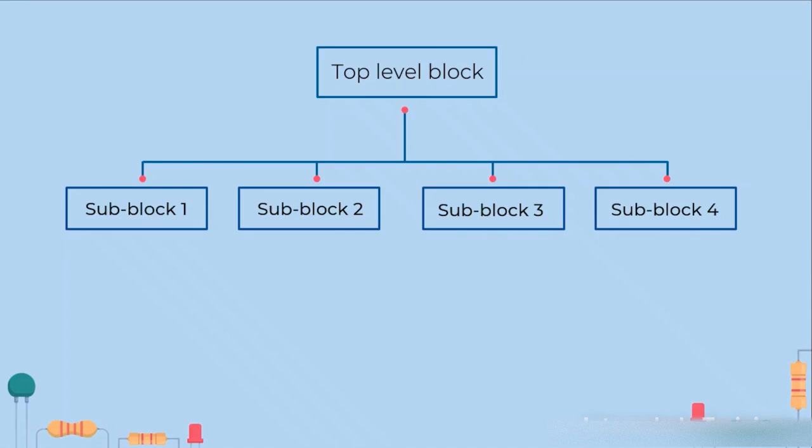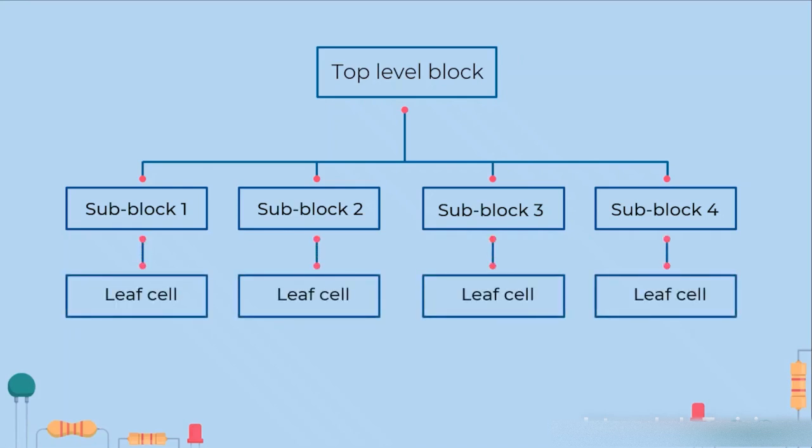How are they going to be connected to make one top level block? Then inside each sub block, we identify even simpler elements called leaf cells, and then we start working with them and we connect them. Leaf cells of one sub block are independent of the leaf cells of the other sub blocks, so they are not going to be mixed.